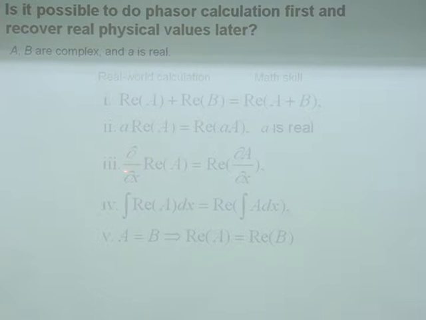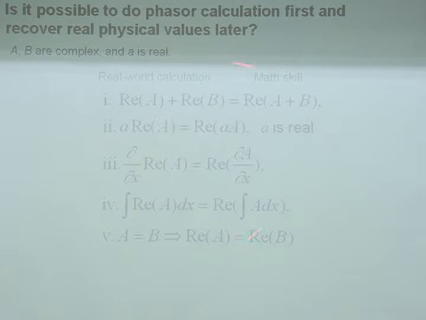And for differentiation and integration, basically it also allows you to do complex differentiation or integration first, and then take the real part of it. This will be equivalent to starting with real numbers in your calculation, and then taking differentiation and integration. 同时呢，如果说在这个复数 complex domain, if A equal to B, then it's equivalent to the real parts being equal to each other.